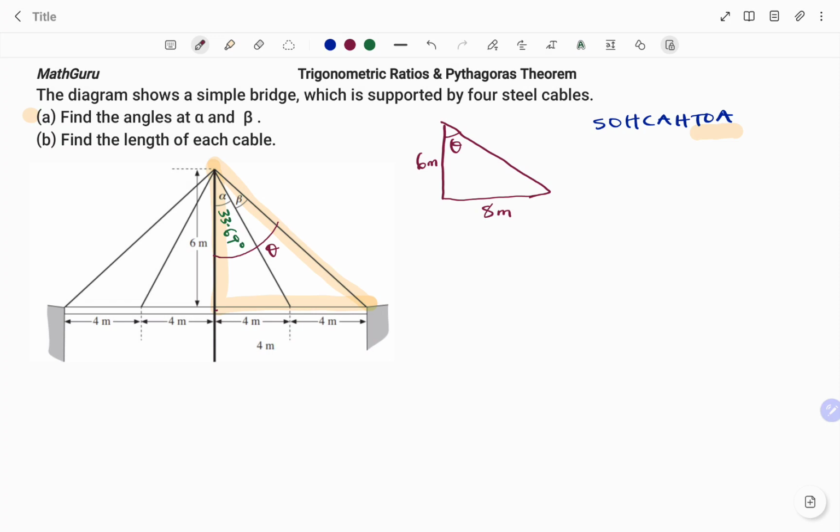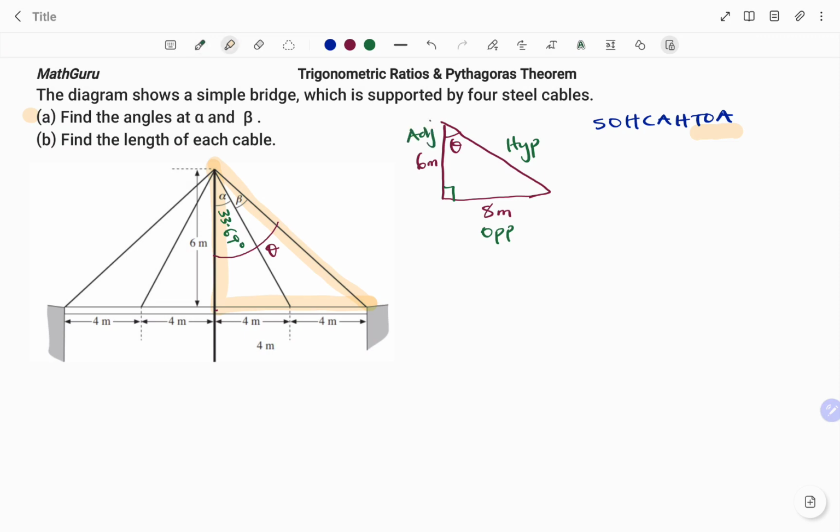Like I did earlier, I'll start by labeling all the sides of my right angle triangle. The side facing my reference angle will be my opposite. Then the side facing my right angle is my hypotenuse, and the last side will be my adjacent.